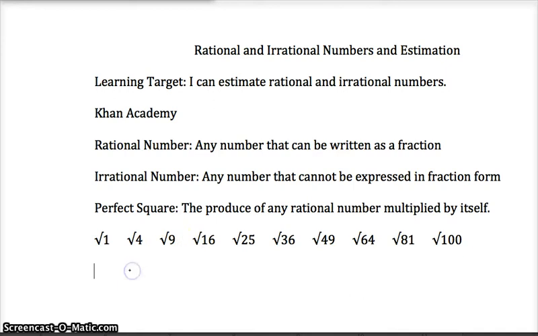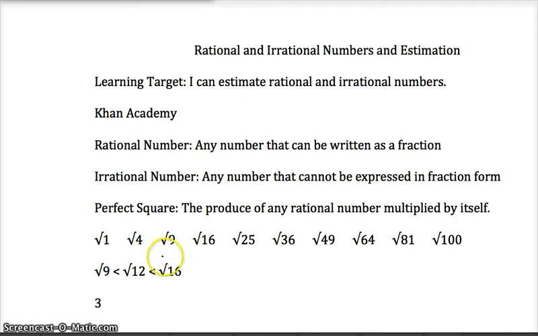Okay, so do you remember how we wrote that? We wrote it as the square root of 9 is less than the square root of 12, which is less than the square root of 16. And then from there we can simplify that because we know what the square root of 9 is.